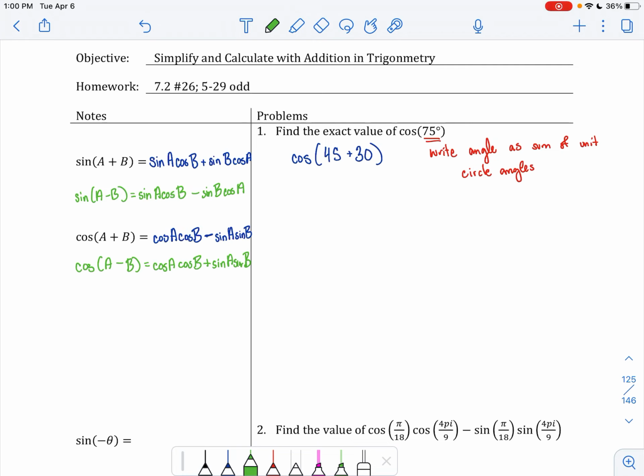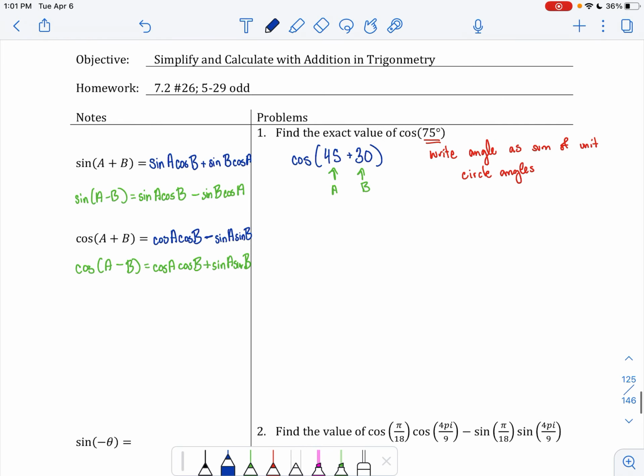So here we have cosine of A is 45 and B is 30, and it's plus. So when I expand it, I get cosine of 45 degrees times the cosine of 30 degrees minus sine 45 times sine of 30. So we're just plugging into this formula right here.